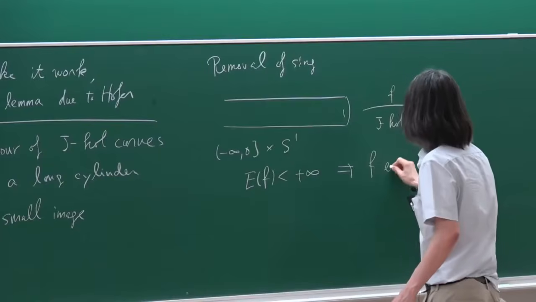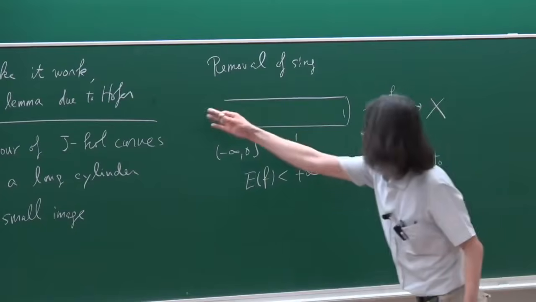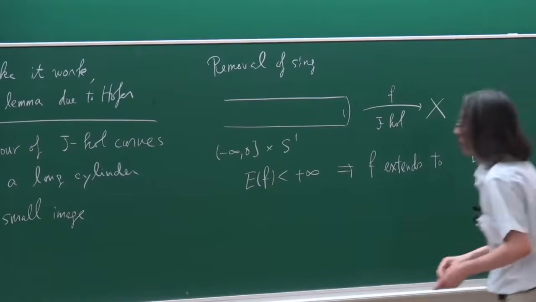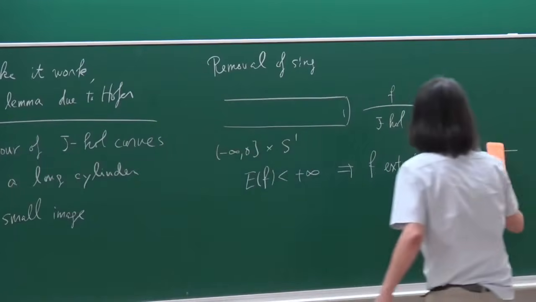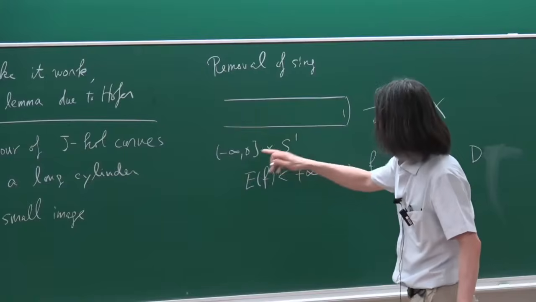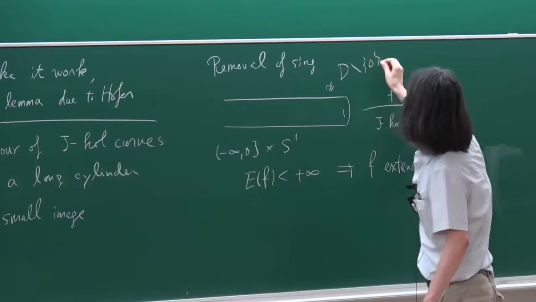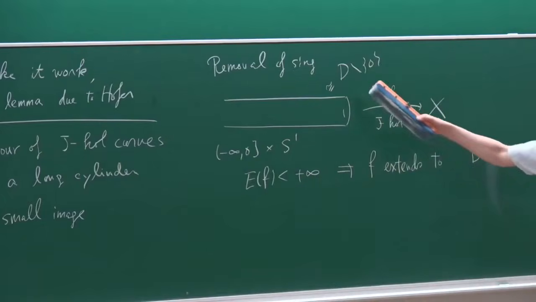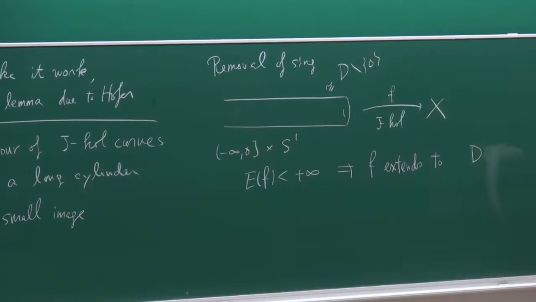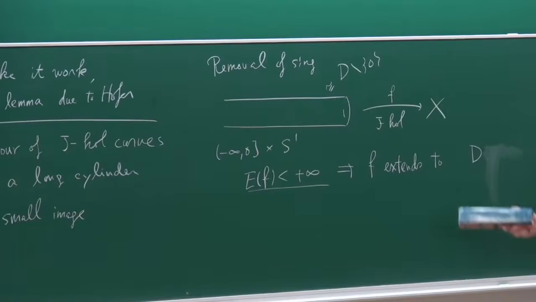Then F extends to a holomorphic map from the disk to the disk. Namely, this infinite cylinder, we can identify it with a punctured disk. And what I'm asking is whether this holomorphic map extends over the puncture. The statement says that if this one has finite energy, then it extends.